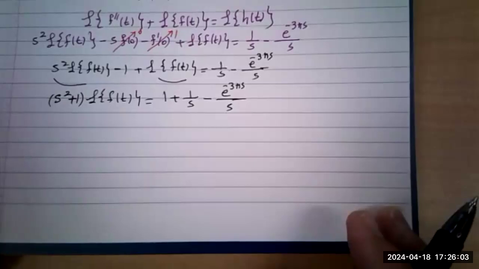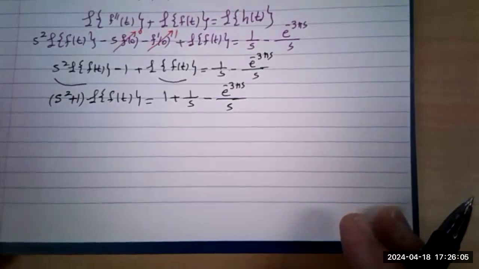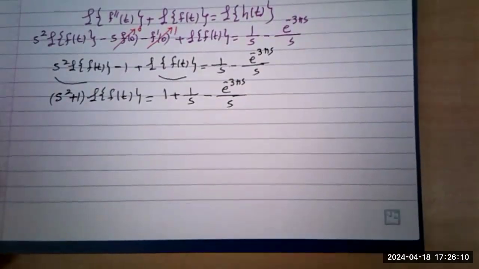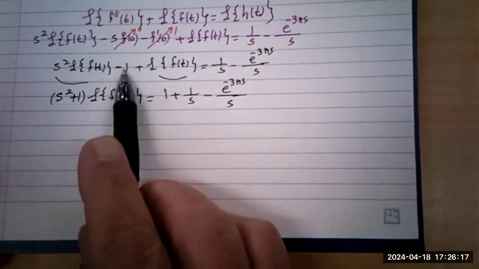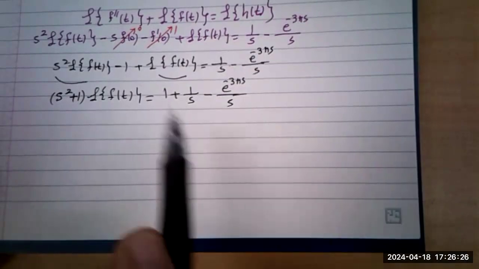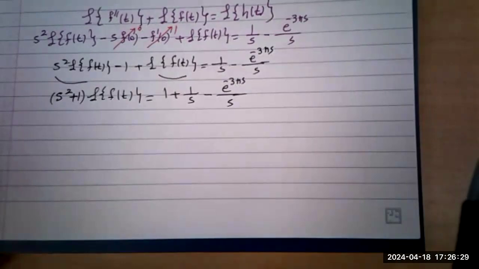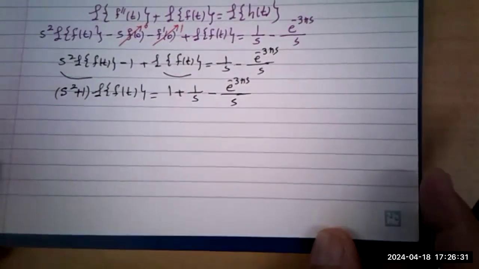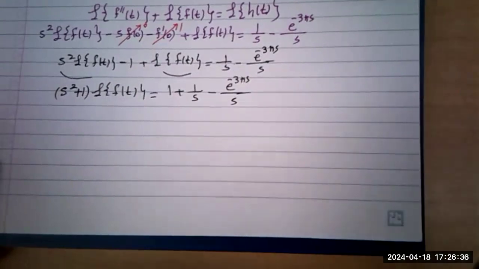Why is it not 2 over s? Why is it 1? It must be 2. Where is the 2? Because you brought the 1 over from the left side to the right. That's 1 plus. Why don't you do 2 over s? Laplace of the original 1 is 1 over s.